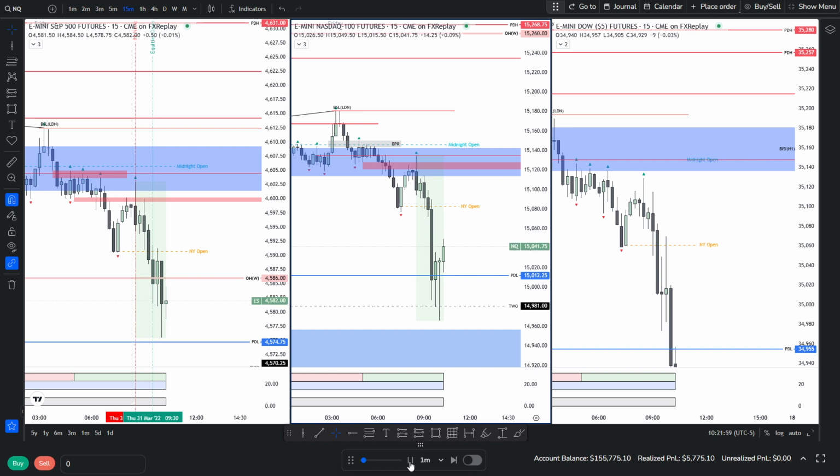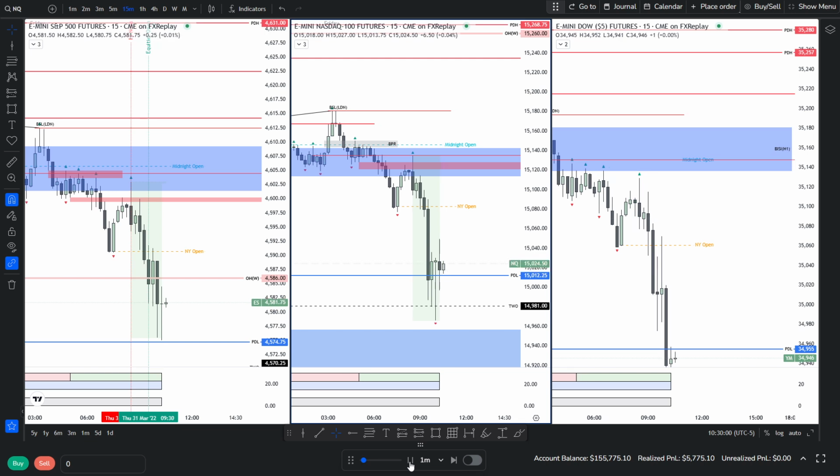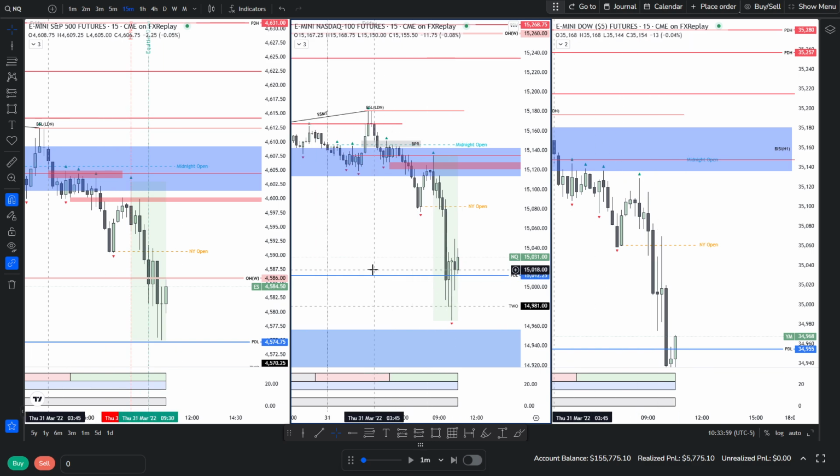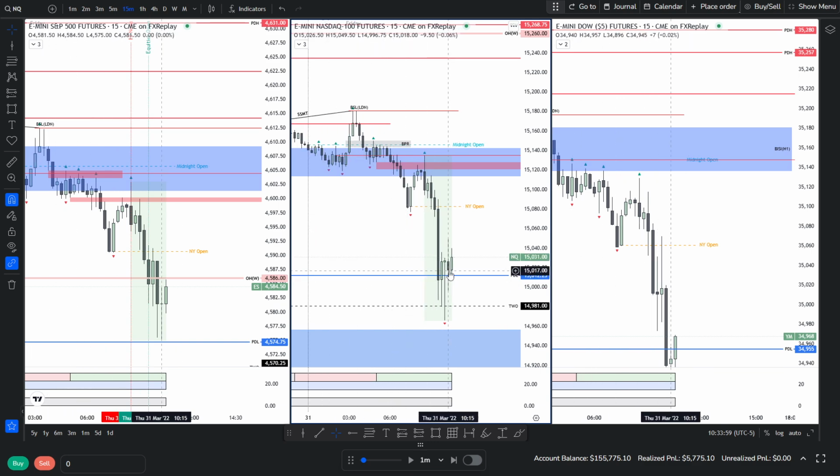I think ES wants to see lower prices currently. We've got this imbalance here. Unfortunately, there's no imbalance on ES, so it's not looking.